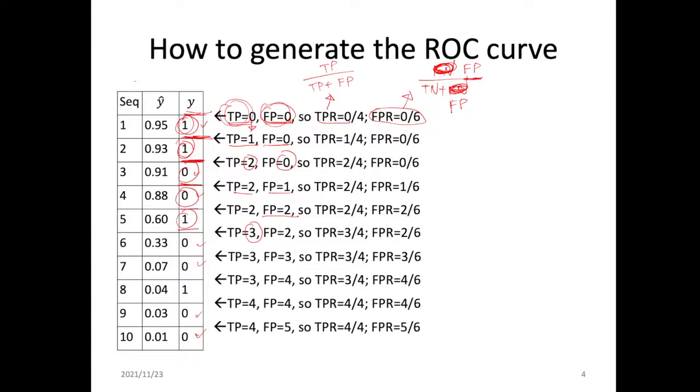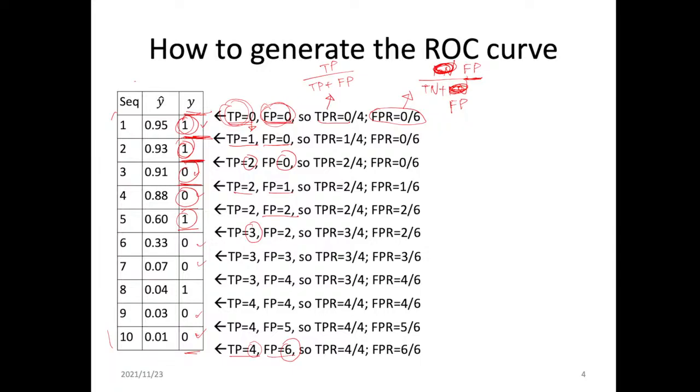After all this, you eventually have 4 true positives and 6 false positives, because we have only 10 instances. If your threshold is very low, of course, you will predict everything as positive, so they will either be true positive or false positive. So the summation of these two has to be 10 in this case.